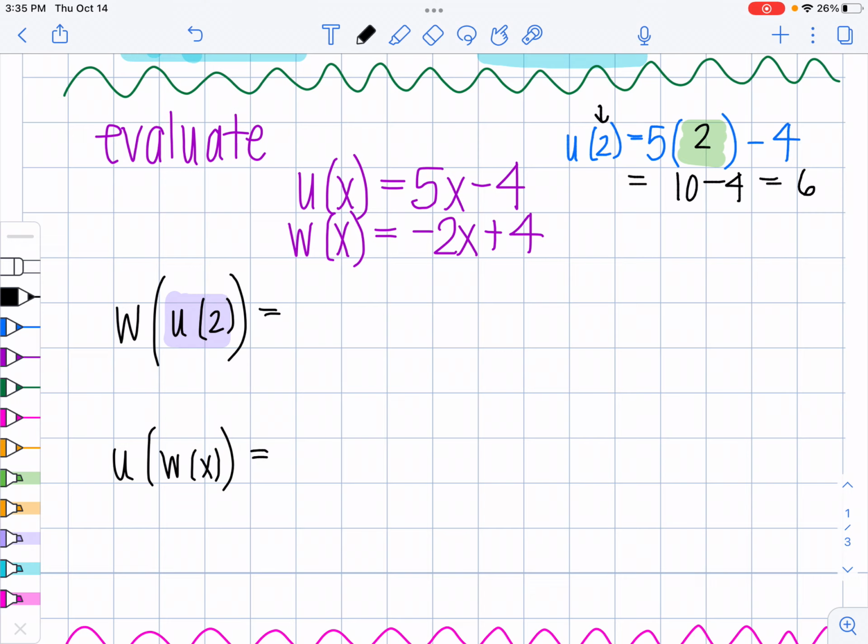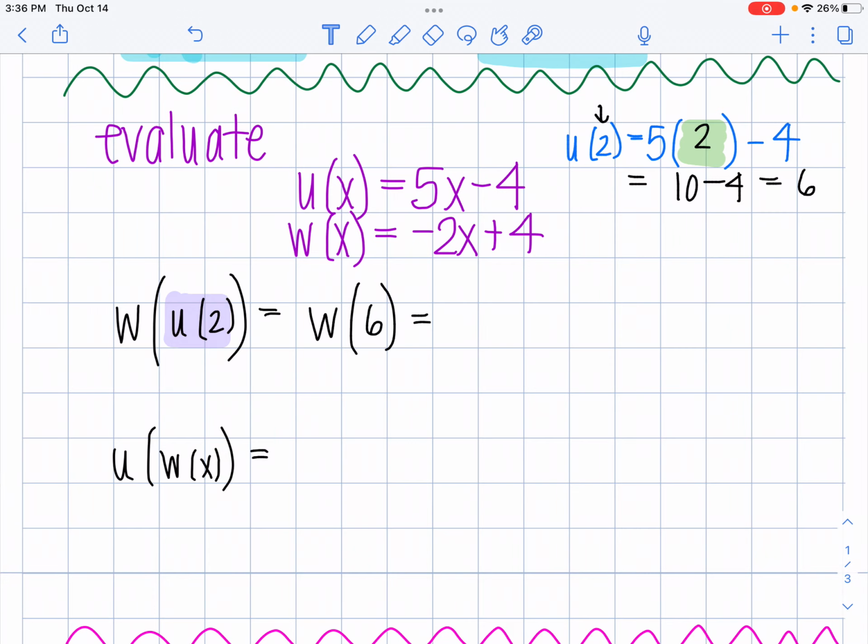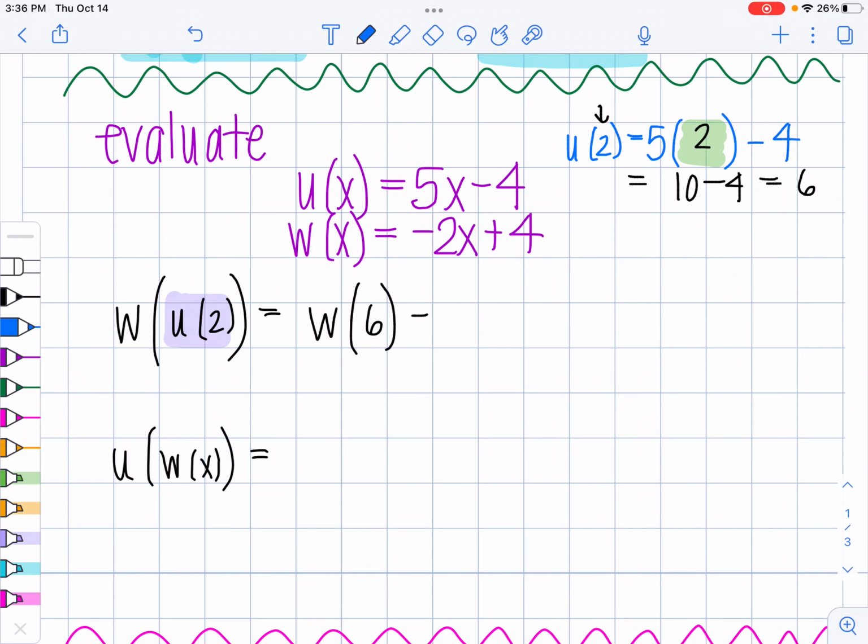10 minus 4 is 6. Okay, so now because that equals 6, I'm going to take 6 and plug it into my w function. So my w function is this one: -2 times blank plus 4.